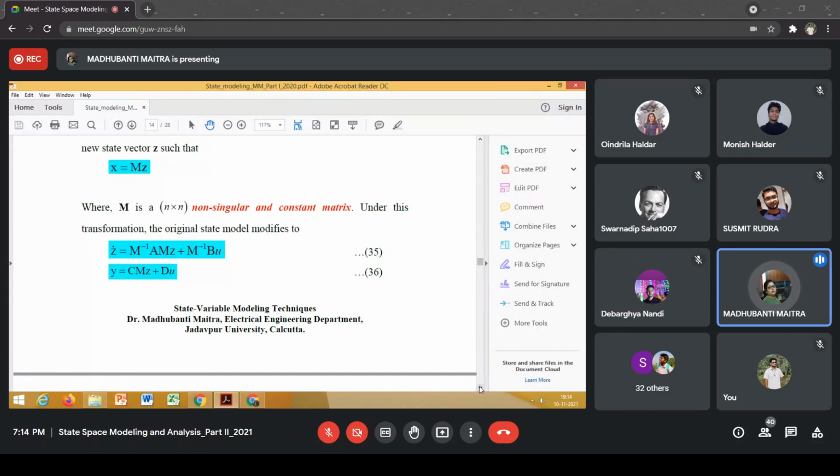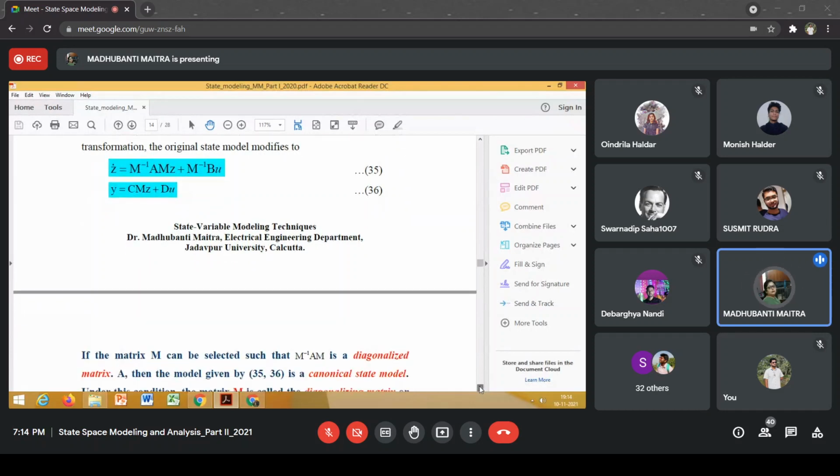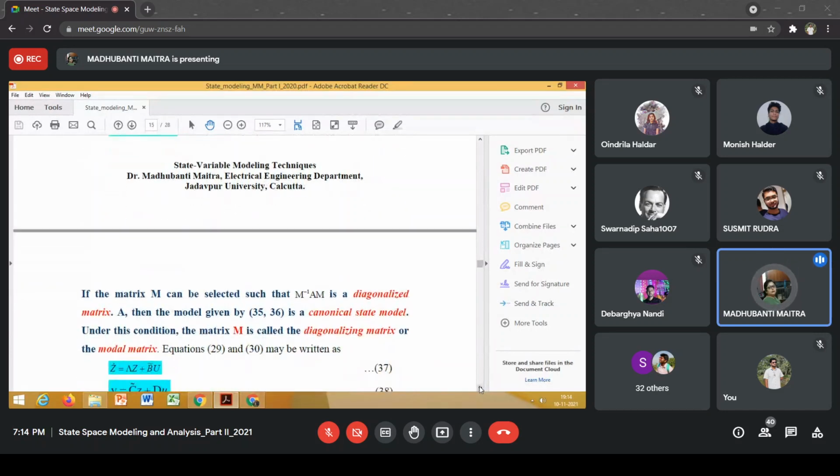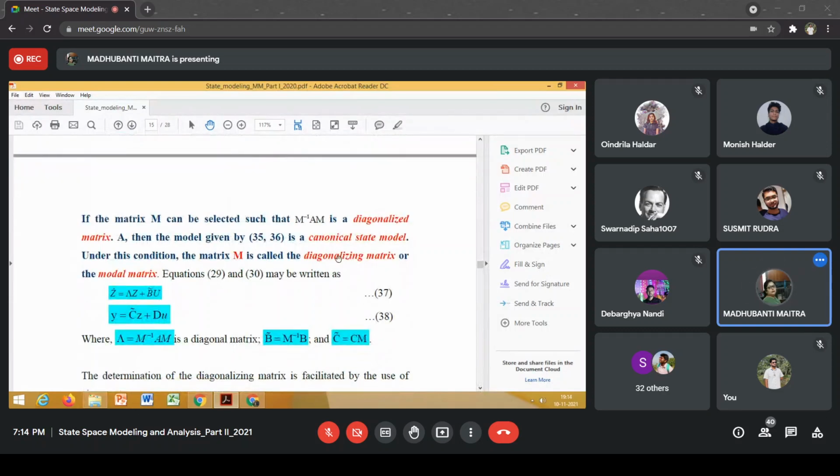So if we can find out such a matrix M, then that matrix M will be called a diagonalizing matrix or a modal matrix. A diagonalizing matrix or a modal matrix. So if the matrix M can be selected such that M inverse AM, this operation will give us a diagonalized matrix. This is incorrect.